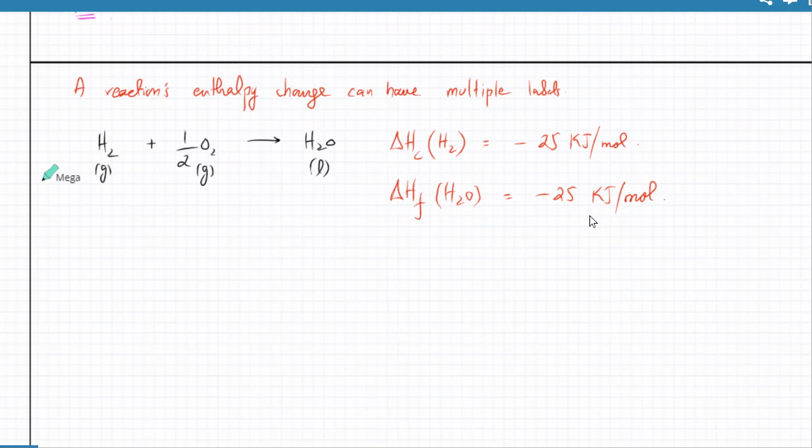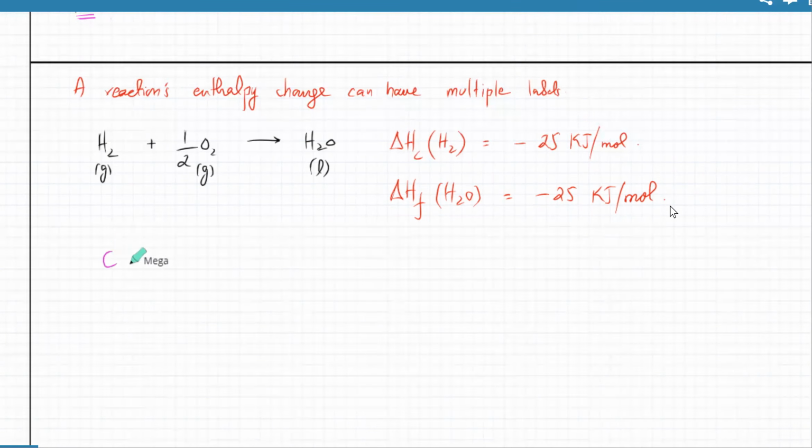If you're not open to this, people will get confused. They'll keep searching for the enthalpy of combustion of hydrogen, not realizing it is the same thing. Both represent exactly the same reaction, so the enthalpy change is exactly the same.